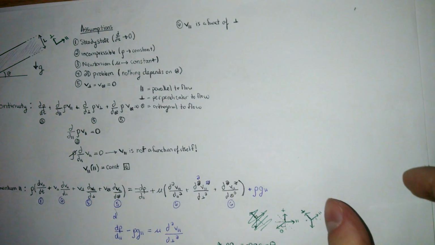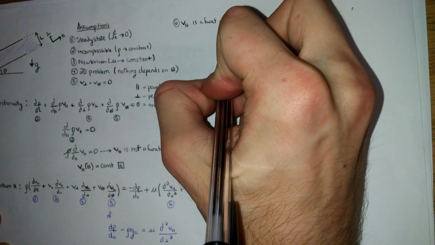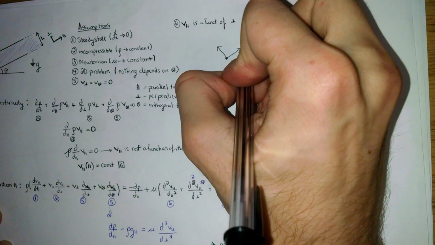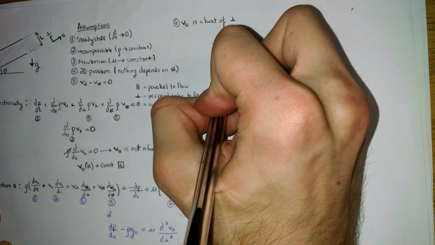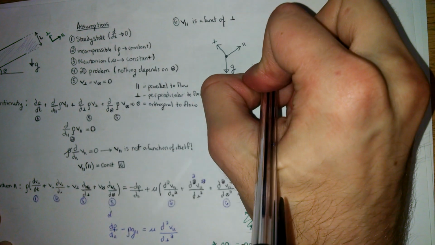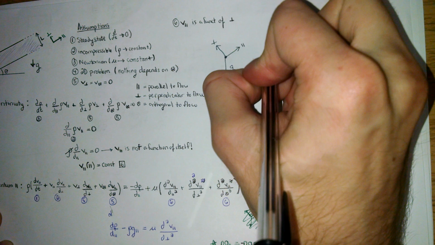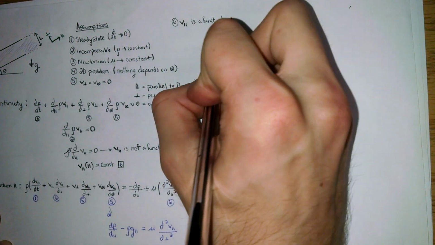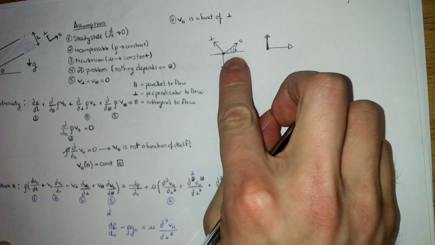So we have our coordinate system oriented like this, and we have gravity going downward like this. So if we're going to have our coordinate system pointing straight up, well, again, we have an angle here, theta.